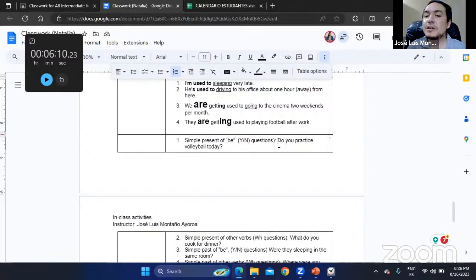That's not possible. You can say, are you practicing volleyball today? But that's present continuous, right? That's not simple present. Simple present of be only has the verb to be, no other verbs. You can use adjectives, you can use nouns, you can use anything, but you cannot use another verb, only the verb to be.